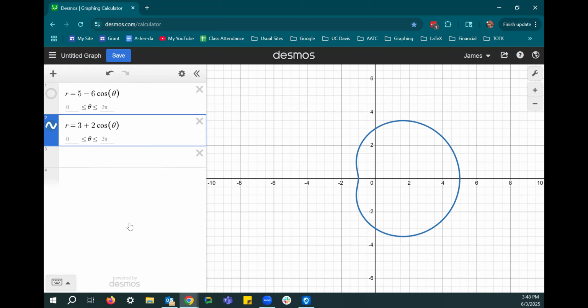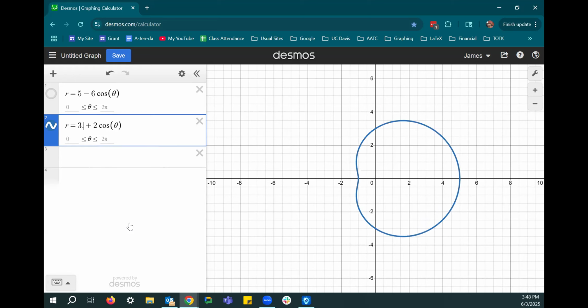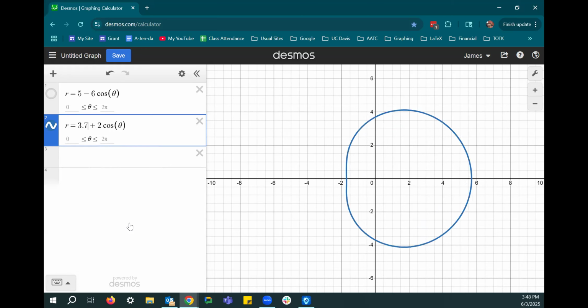Let's see. Still dimpled? Oh, I'm going the other way. I meant to go the other way. Sorry. I meant to make this one bigger. Still dimpled. Still, but barely dimpled. You can barely see it there, but there's still the tiniest dimple there.